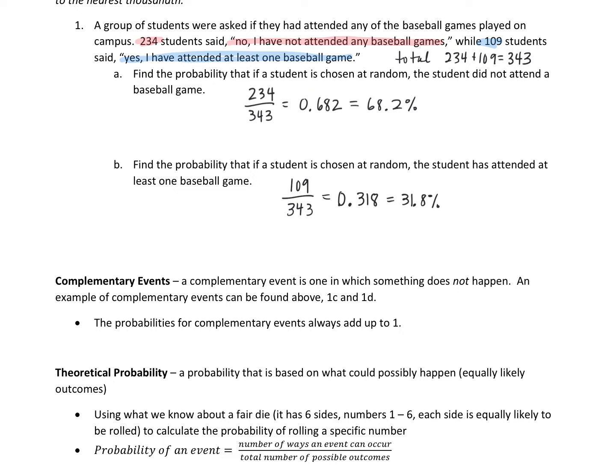So you could say the student did not attend a baseball game is complementary to a student did attend a baseball game. So 1A and B, and this is mislabeled here. That should be 1A and 1B are complementary events. The probabilities for complementary events always add up to 1.